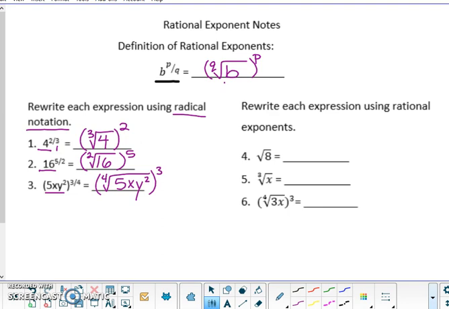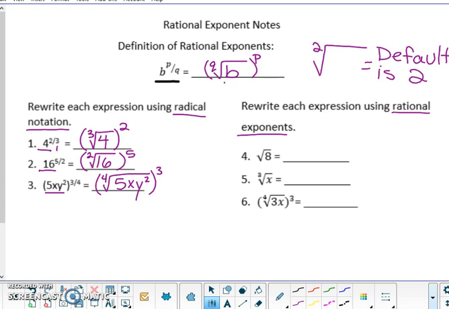So now we're going to rewrite these expressions using rational exponents. So looking at number 4, we have the square root of 8. And what we know here is that when we have a radical that has no root, the default root is 2. So anytime you have an empty radical, that's the same thing as putting a 2 in the v.